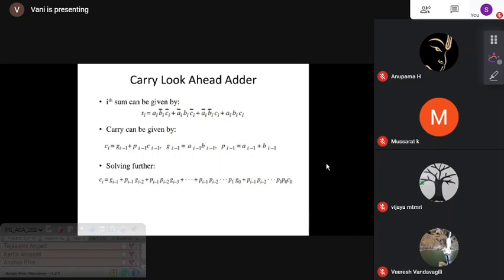Now, by replacing the value of Ci-1 in the equation Ci, that is, Ci-1 will be equal to Gi-2 plus Pi-2 multiplied with Ci-2. And then again by replacing the equation of Ci-2, we will get the last equation that is shown here.